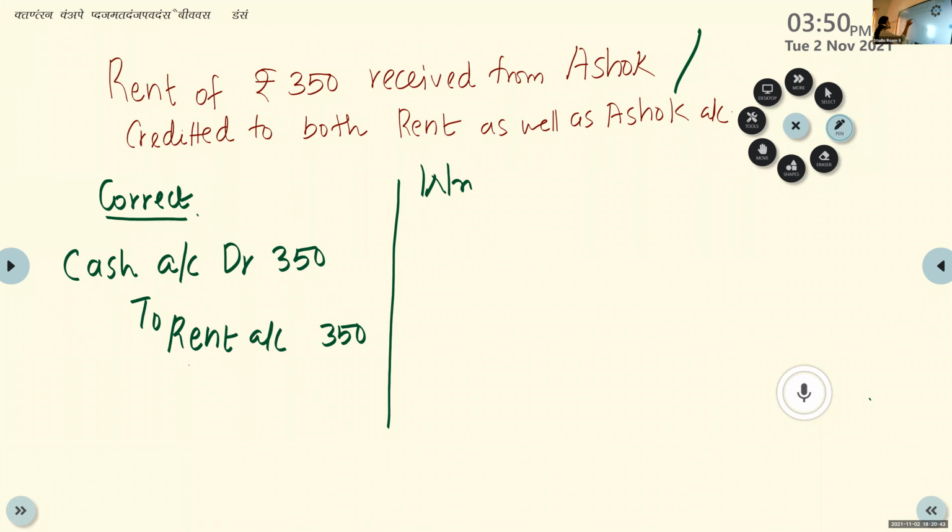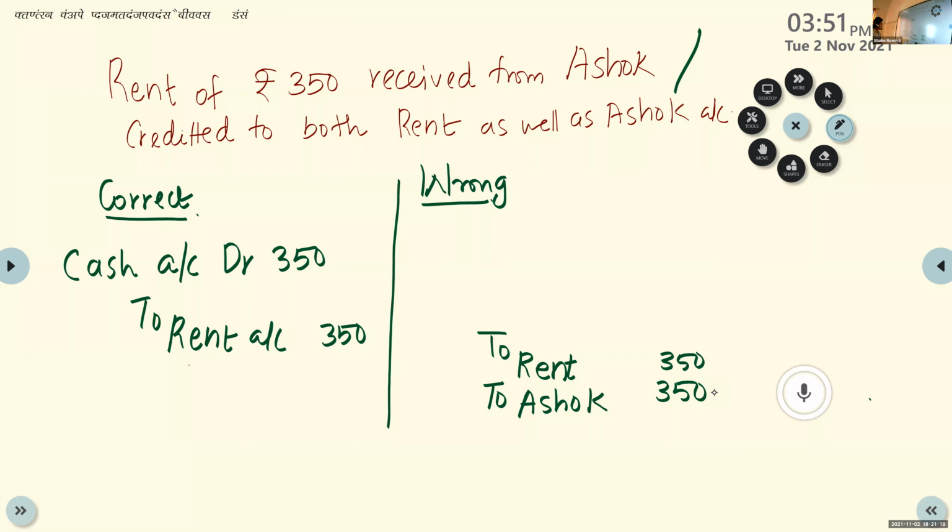Now, what happened? What is the wrong entry? Rent of rupees 350 received from Ashok. So that should be cash account debtor to rent account. Now, what is the mistake? Credited to both rent as well as Ashok account. That means there are two credits given, to rent 350 and again to Ashok 350.